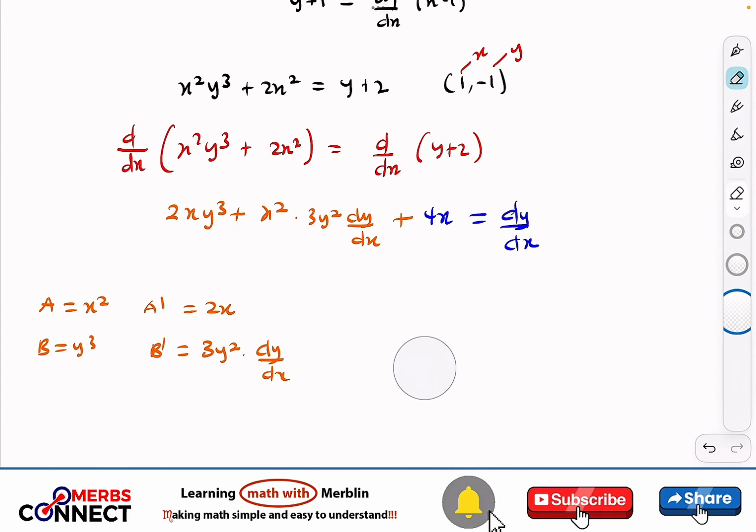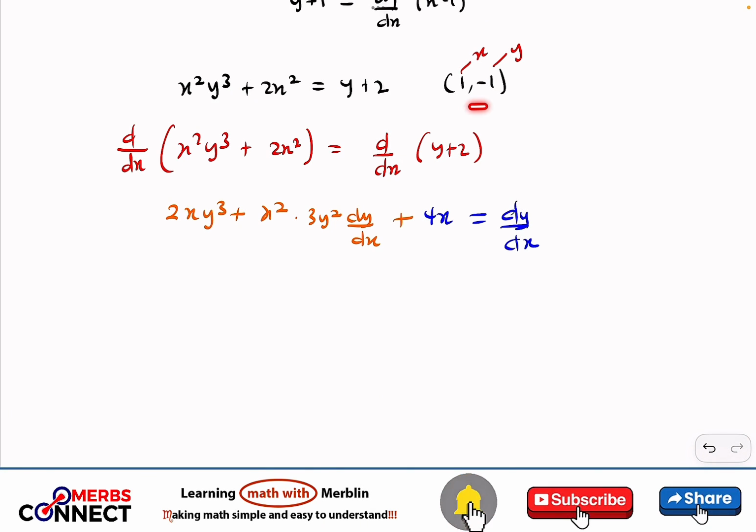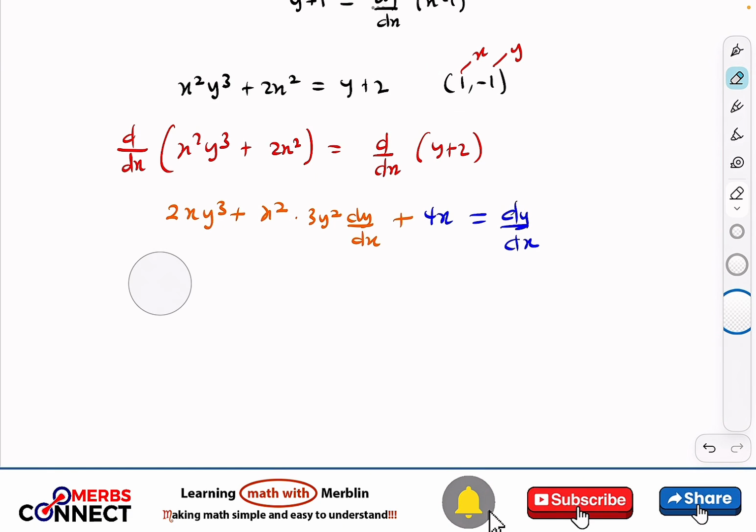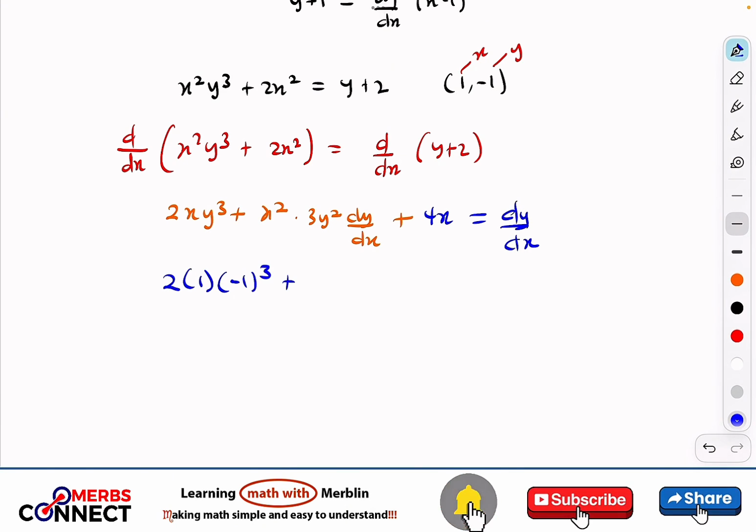So we are done. Now, as soon as we are done differentiating, we just need to use our point, right? So let's make use of the point. So 2 times 1 times minus 1 to the power 3 plus 1 squared times 3 times minus 1 squared dy over dx plus 4 times 1 is equal to dy over dx.